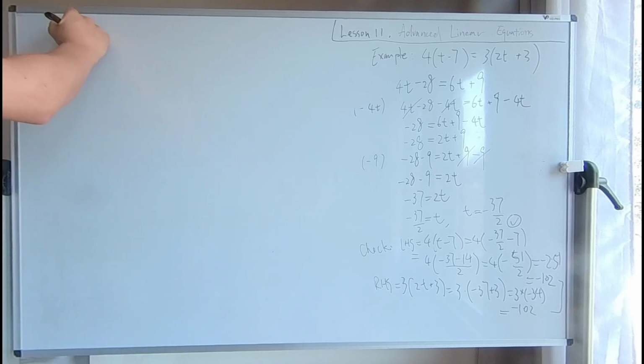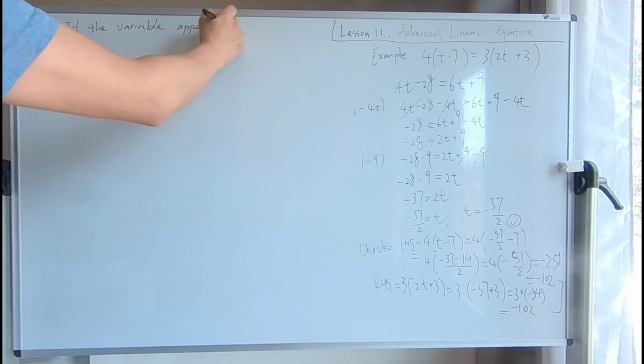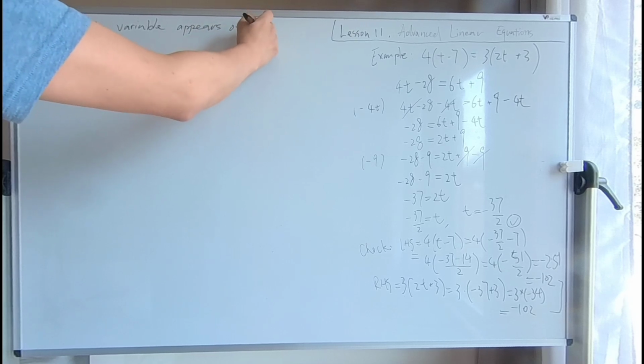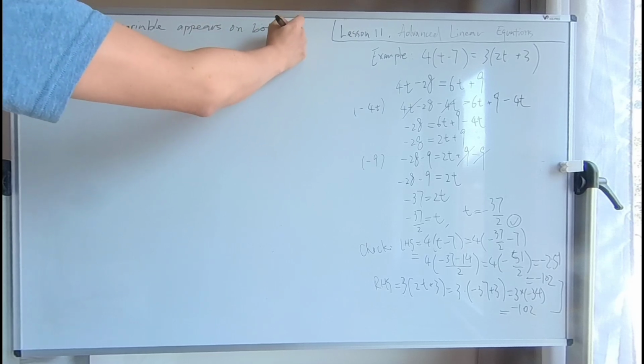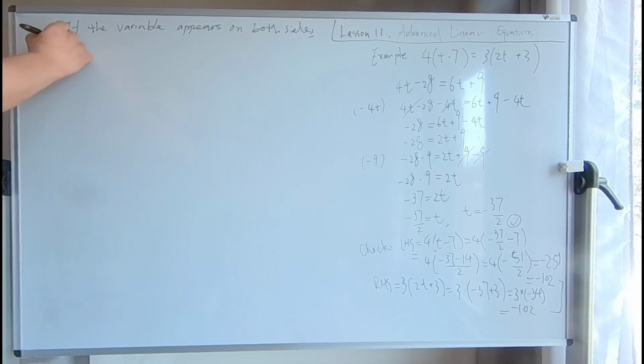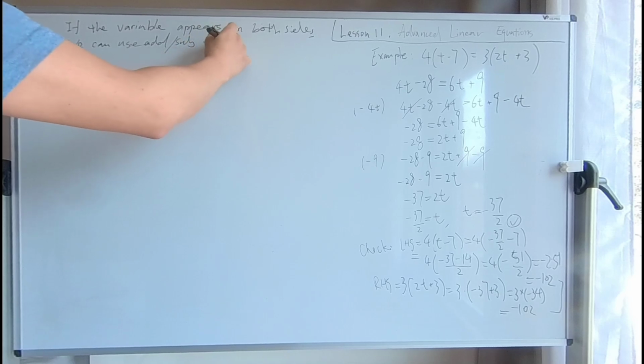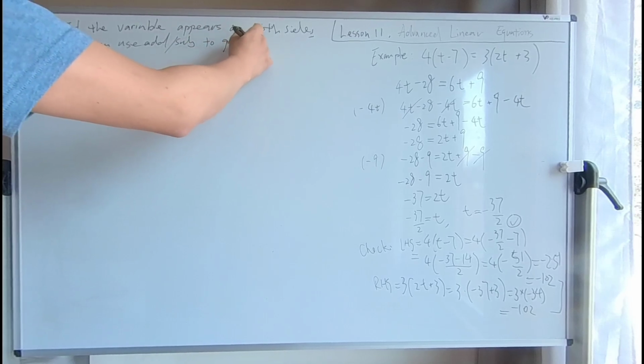So if the variable appears on both sides, then we can use addition or subtraction to get them on the same side.